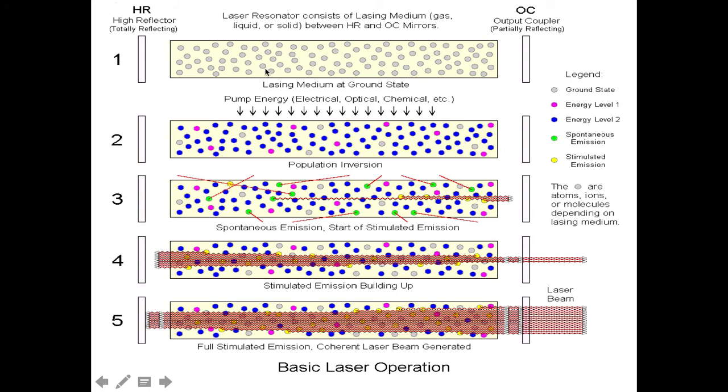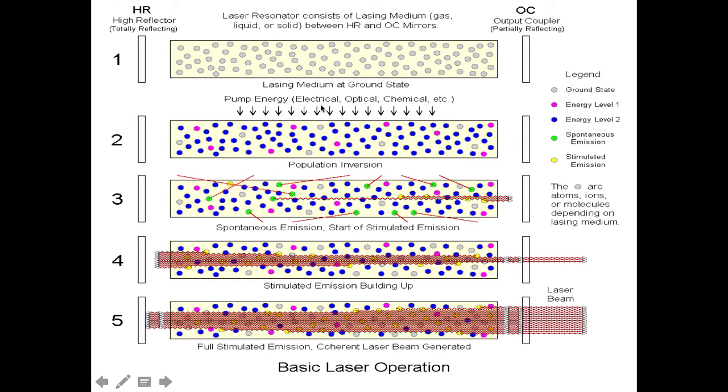Let's think of the first stage, where the system is in the equilibrium condition and the atoms are in the ground state, with an active material placed between two mirrors. Now we supply energy through pumping.